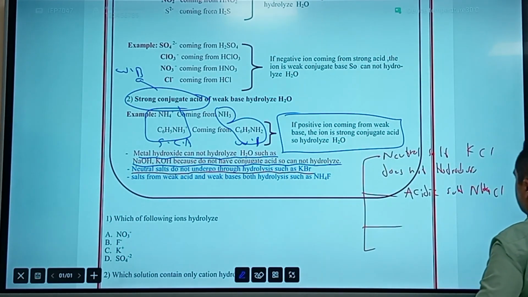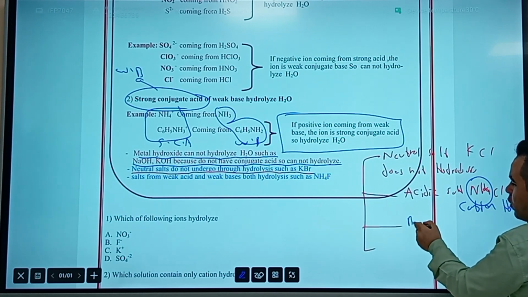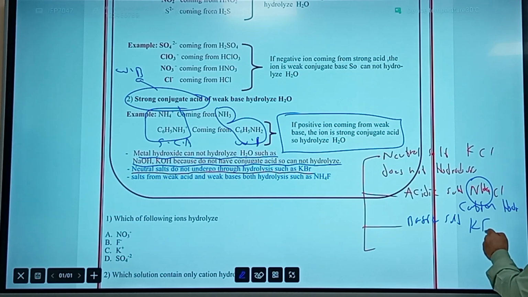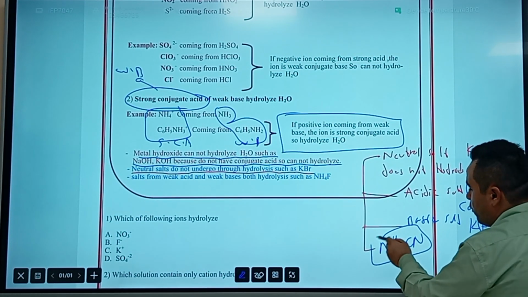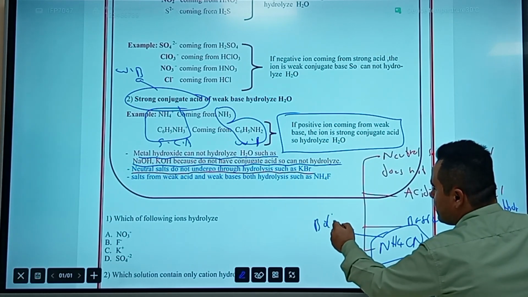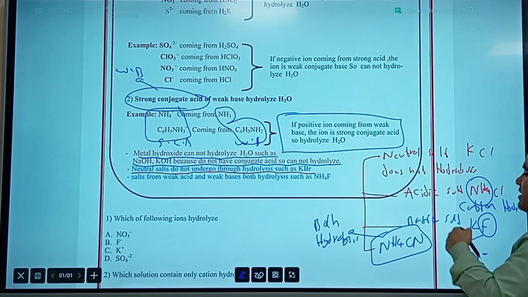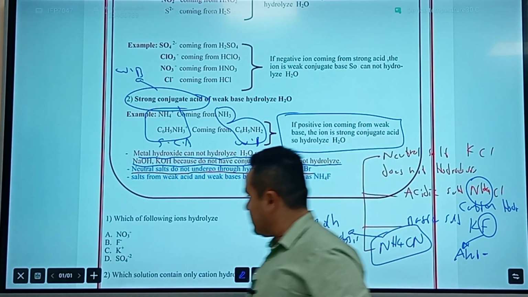Acidic salt, guys, only cation hydrolyzes. Basic salt, like KF, only anion hydrolyzes. The fourth type of salt, like NH4CN, both hydrolyze. Both hydrolyze means what? Means cation and anion hydrolysis.